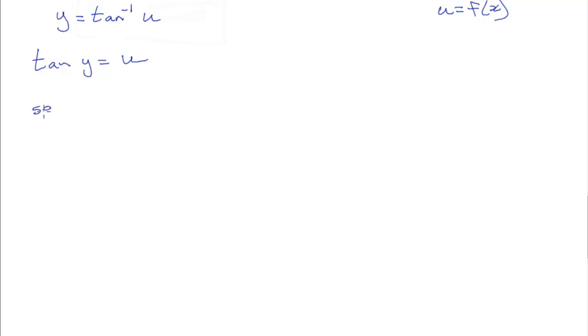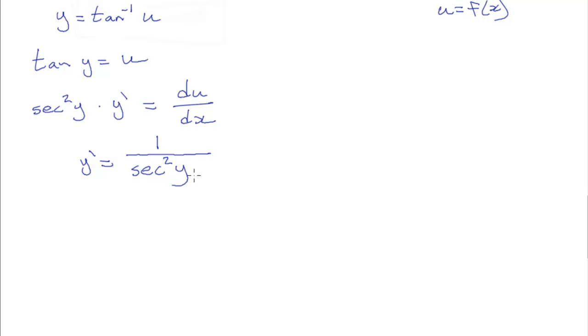Derivative of tan is secant squared y multiplied by the derivative of y, and that's going to equal the derivative of u, which is u prime, or written a different way, du by dx. Solving then for the derivative, y prime is equal to, I'm just going to leave the 1 up top, secant squared y multiplied by this part, which is the derivative of u with respect to x.